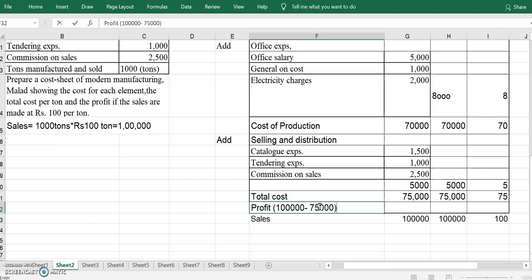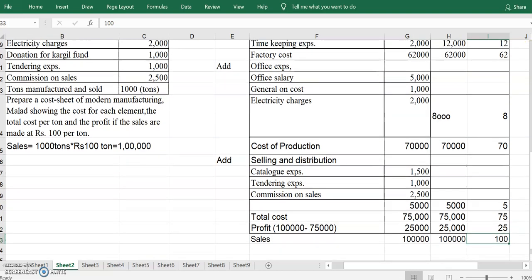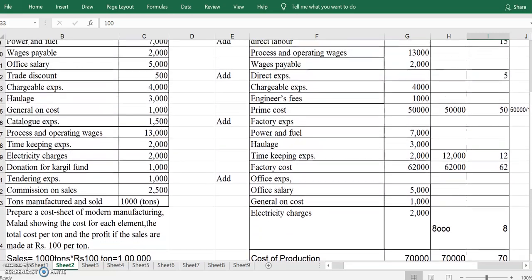Your answer is your profit, rupees 25,000, and profit per ton is rupees 25. So like this, we calculate each heading with the help of the given formula. This is your cost sheet, whatever they ask, a simple cost sheet.